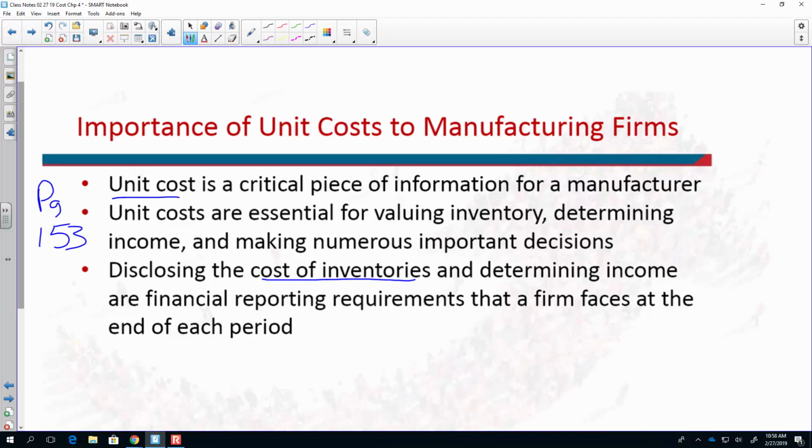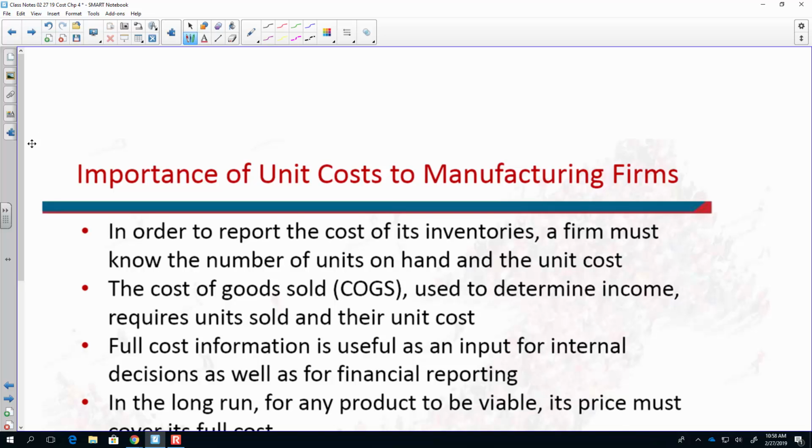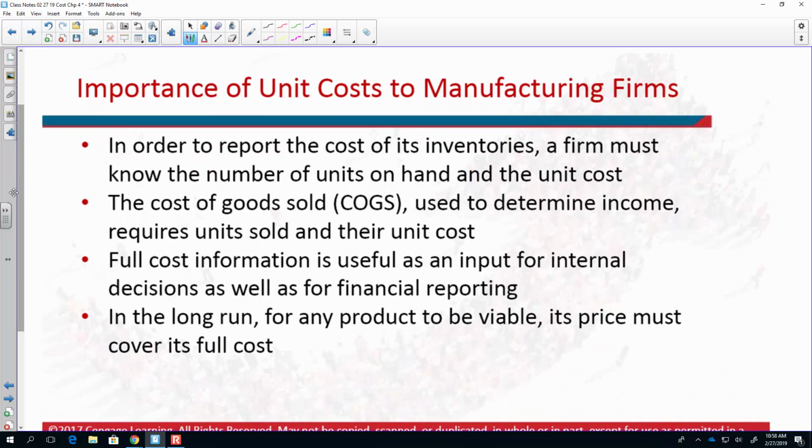And how much is going to be on our cost of goods sold. So cost of goods sold is the end of our product cost. That's when it's expired. That's when we get our expense recorded on the income statement. So it's critical that we get this cost per unit as accurately as we can.